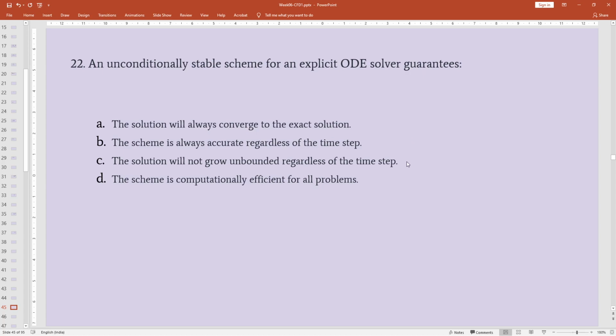Yes, you are right. The answer is option C. So the question is about unconditionally stable. That particular scheme will be stable under any conditions.